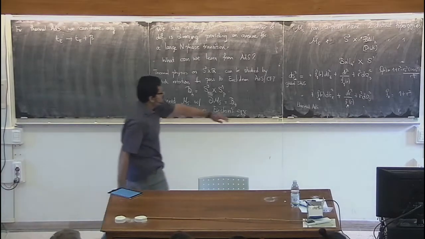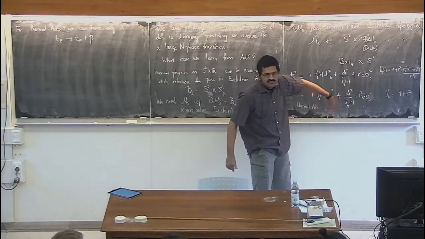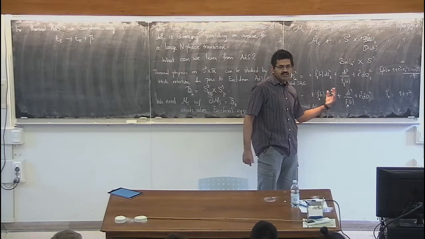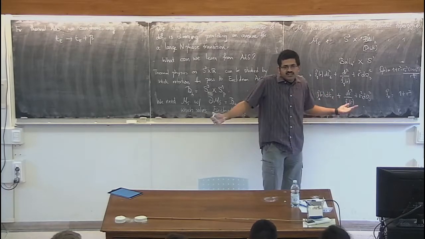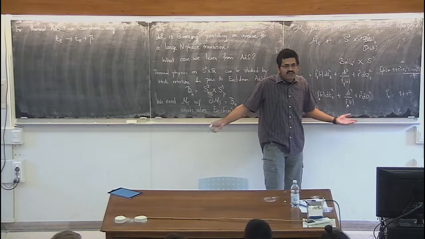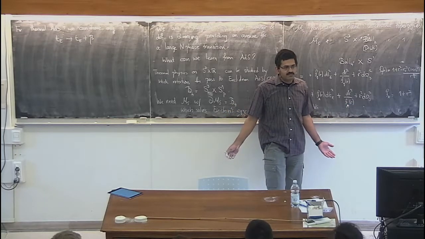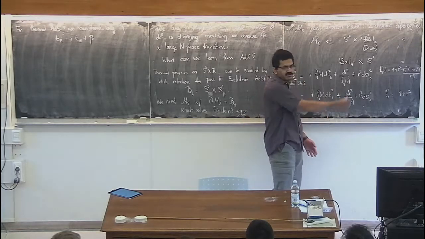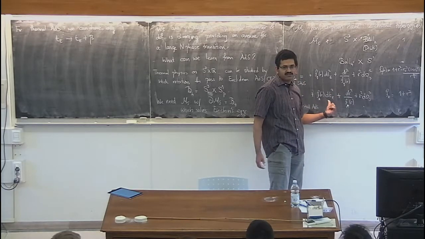This circle is not doing anything funny, it's just changing its size as I go from infinity to some finite value at the origin. You can set the size to be whatever you want. Solution exists for all temperatures. So it's a one parameter family of solutions parameterized by the size of the circle.